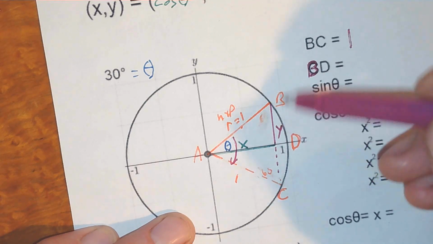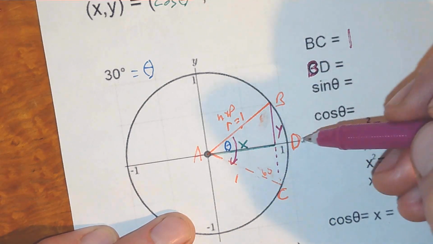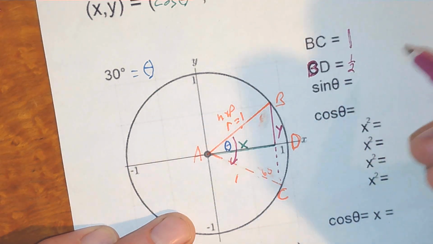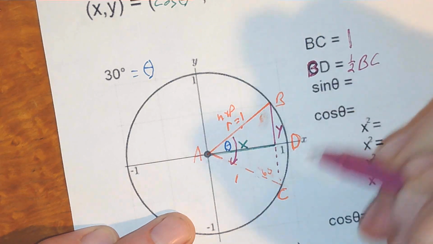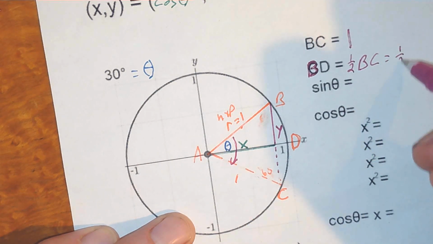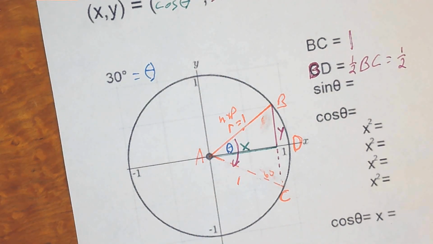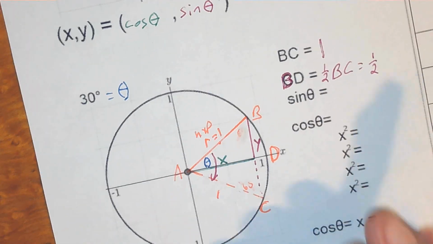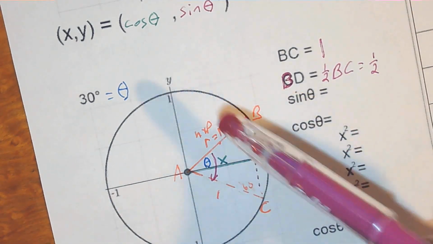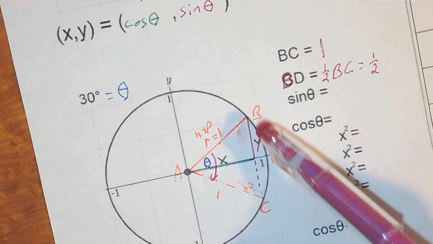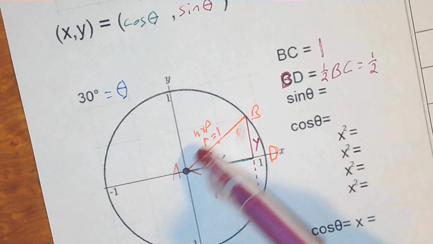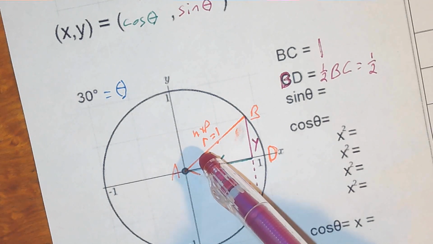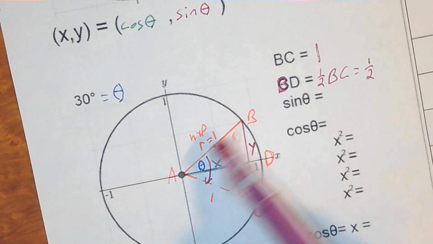Right, BD right here is 1/2 of BC, which is 1/2, right? So that kind of illustrates where we get the rule of the 30, 60, 90 triangles, that the short side of the triangle is 1/2 the hypotenuse, or two short sides are equal to one hypotenuse.